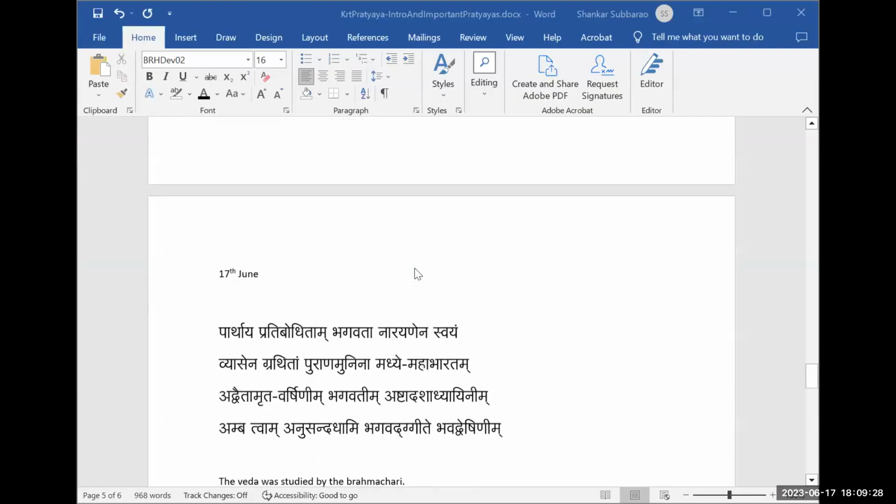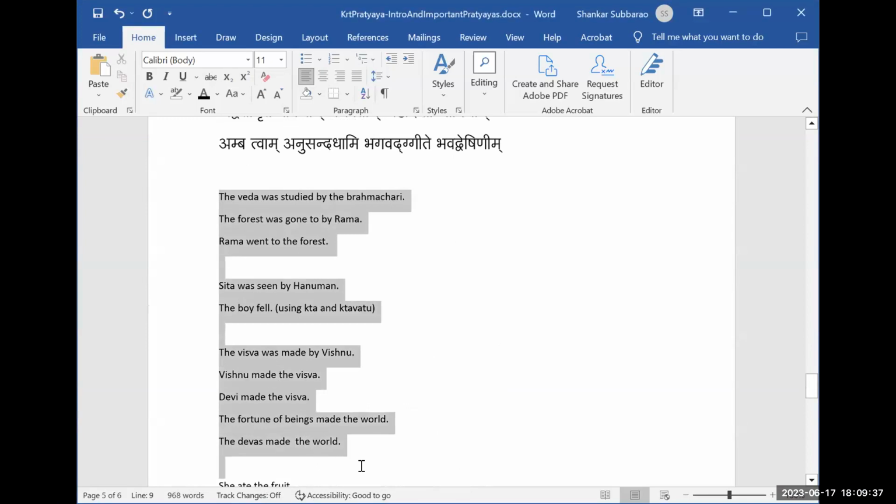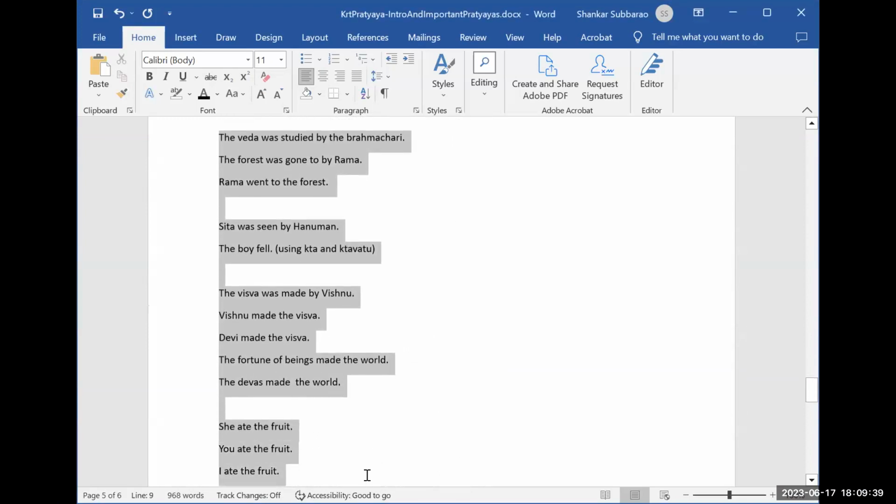Just give me one second. All right, share screen. Okay. So let us say now we look at this. Is this visible or too small? Let me make it a little bigger.